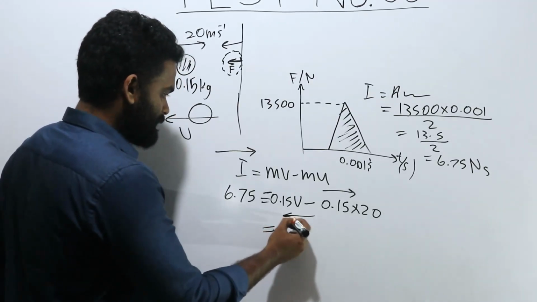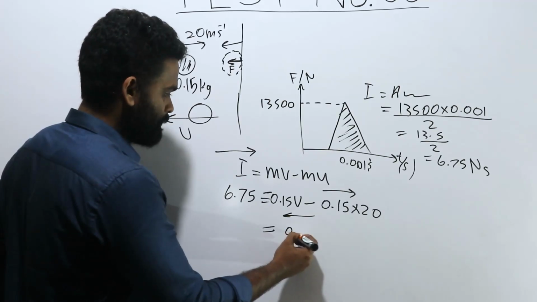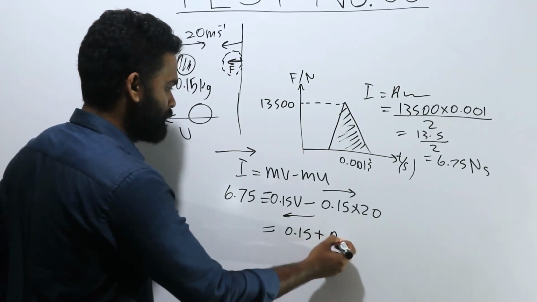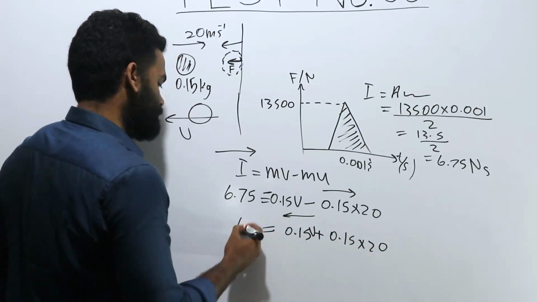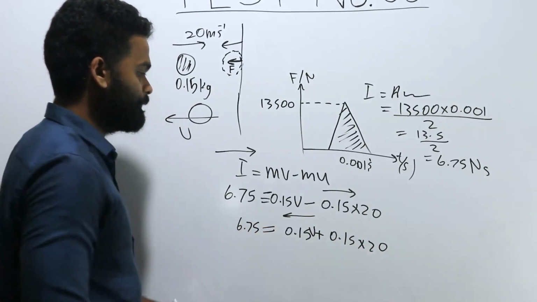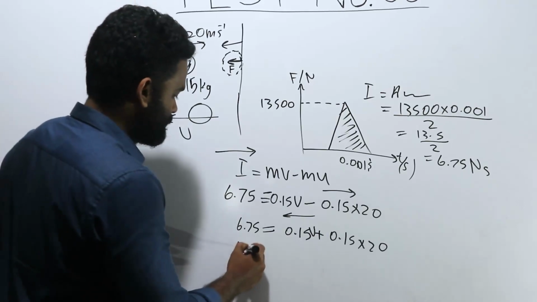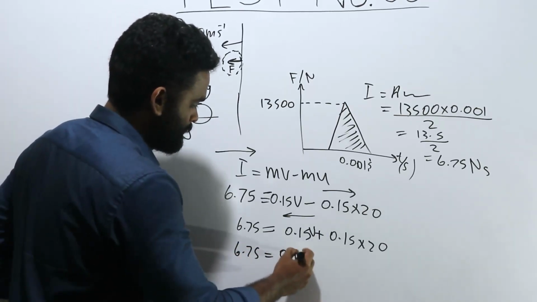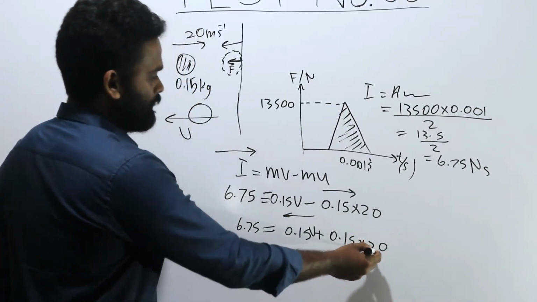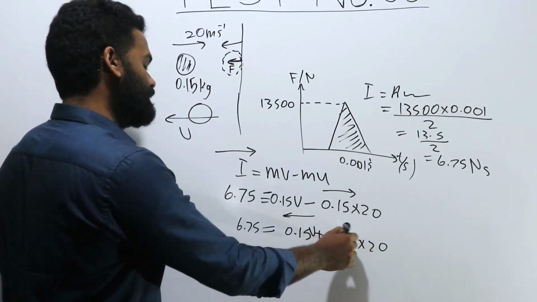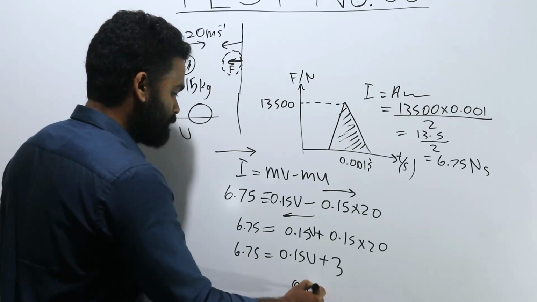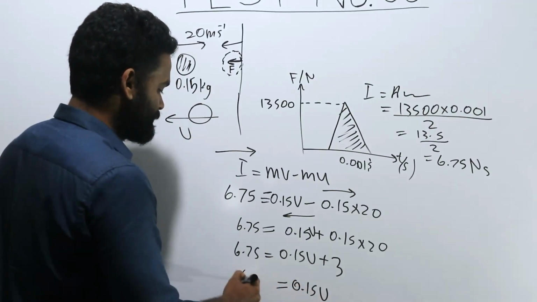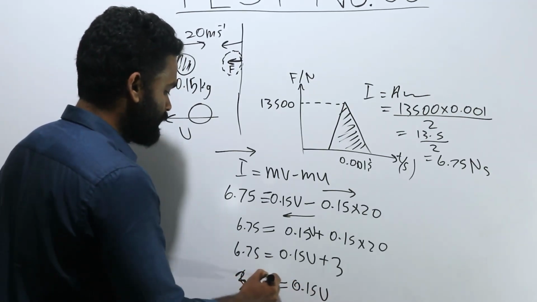So 0.15 times v plus 0.15 times 20 is equal to 6.75. 0.15 times 20 is 3, so 0.15 v is equal to 3.75.